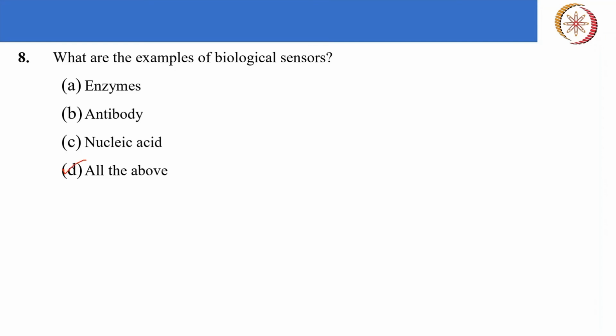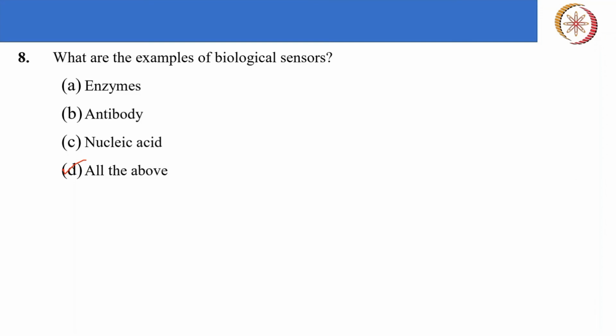So in a biological sensor, we can use all of the above: enzyme, antibody, or nucleic acid. When COVID-19 or SARS-CoV came, people also used spike protein as a biological sensing element, and they measured cyclic voltammogram as well as impedance spectroscopy.